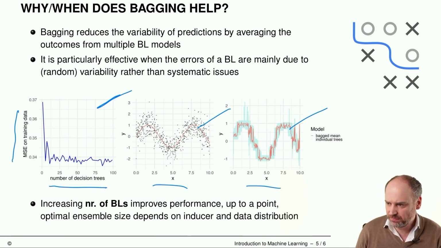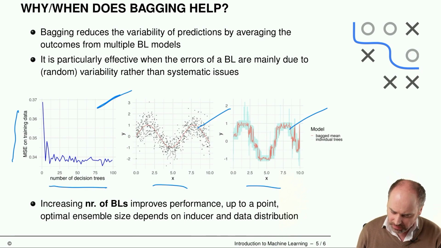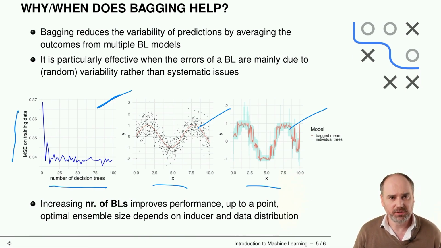And so usually this reduction of variance is a good thing. Also in terms of smoothing out the response surface, it usually results in a reduction in prediction error. And the larger the ensemble, the better this usually works, up to a point, and the optimal ensemble size usually depends on the specific learning algorithm you're using, and also obviously depends on the data distribution.